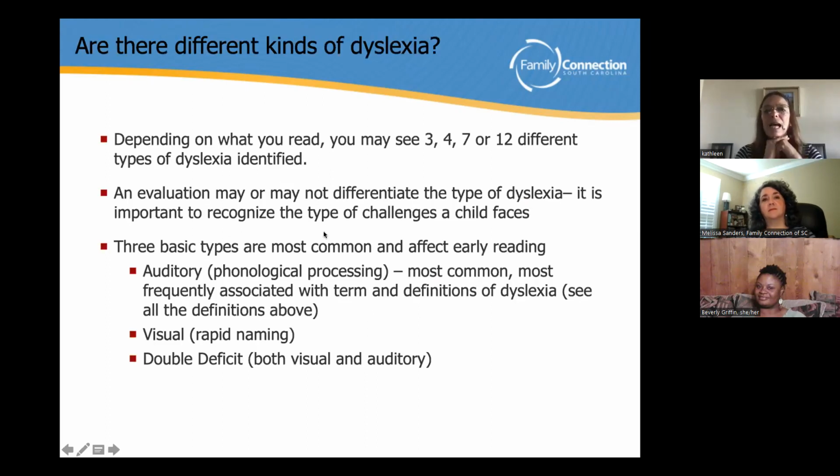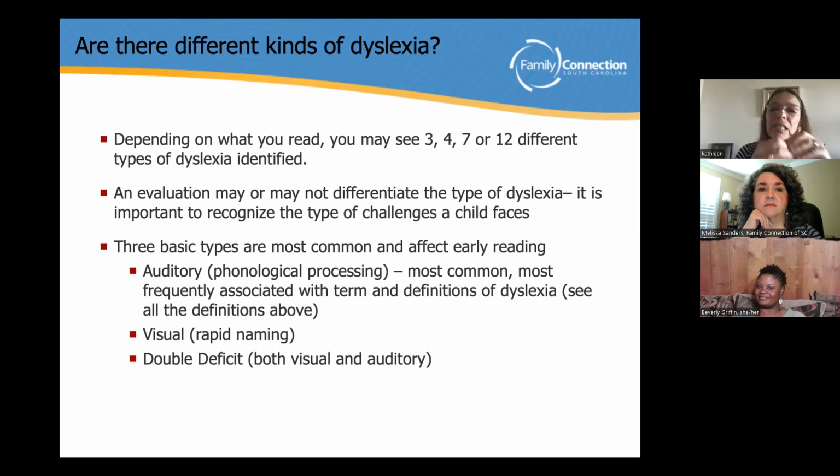Are there different kinds of dyslexia? If you were to just Google right now, what are the different kinds of dyslexia? You might see that there are 3 kinds. Somebody's going to say there are 4 kinds. I've seen as many as 12 different kinds of dyslexia identified. A lot of these are hypotheses.